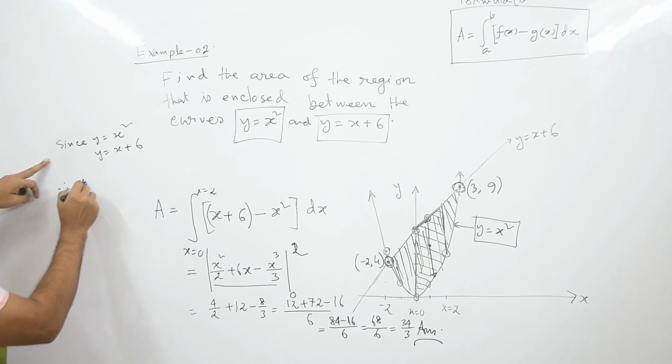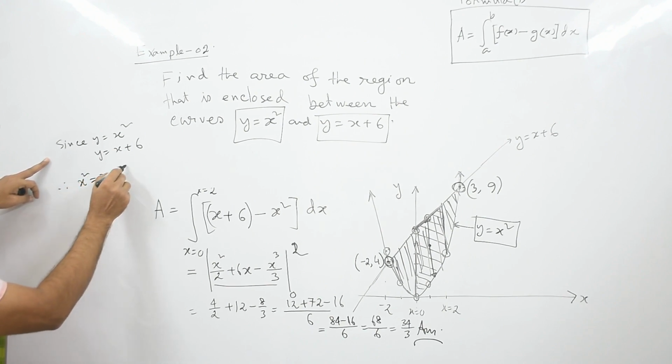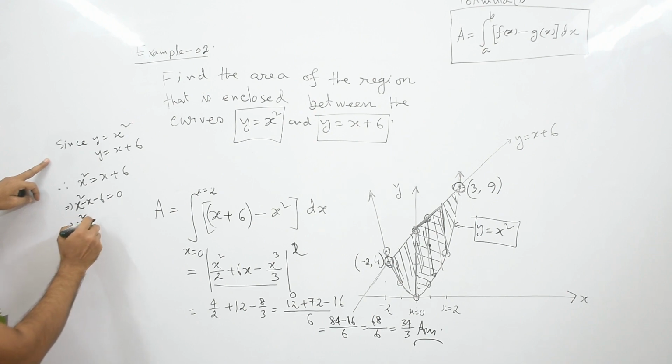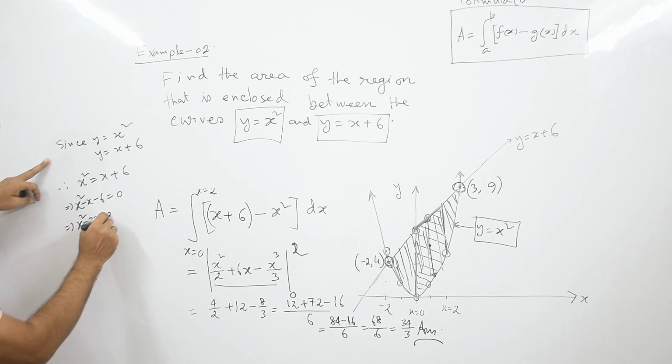Therefore, you can write x square equal x plus 6. This implies x square minus x minus 6 equal 0. By factoring, you can write x square minus 3x plus 2x minus 6 equal 0.